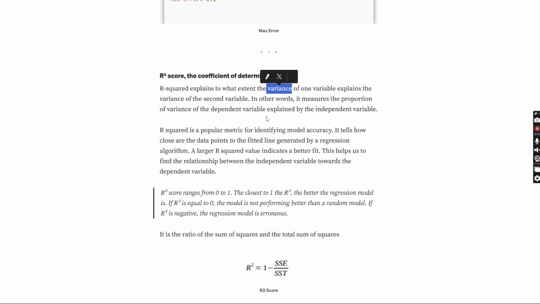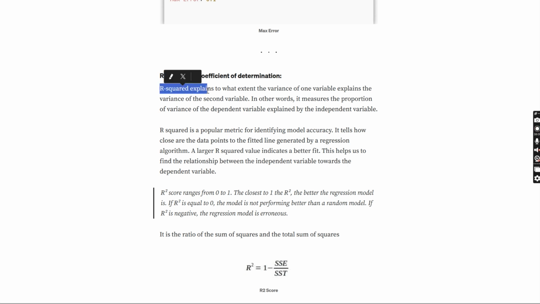So what R squared is saying is, if you took 10 features to predict how much your coffee shop is going to sell your coffee for, then how much of those 10 features are capturing the variance?